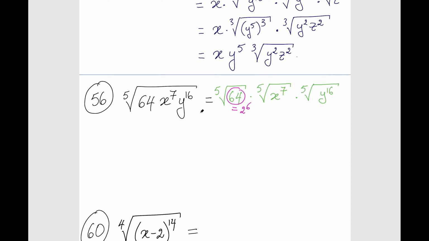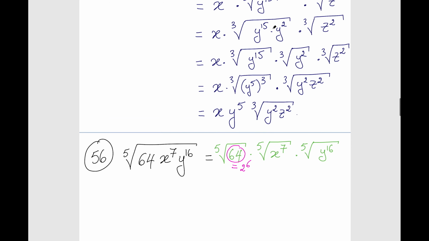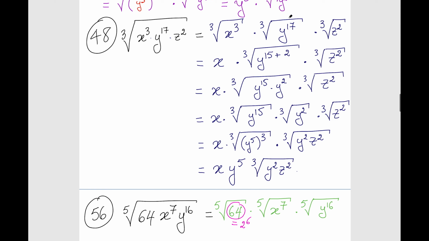Okay. So in each one, the way I'm going to proceed is as we started here. For example, in the 17, how did we start? Just keep track of all this part. How did we do it? We started by writing 17 as the largest multiple of the index, which at the time was 15, plus the rest.